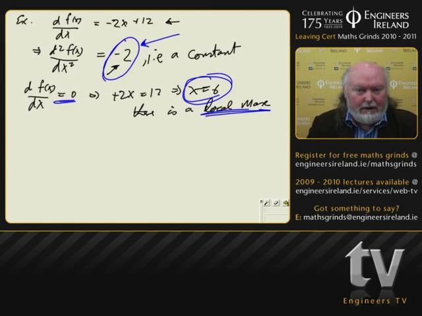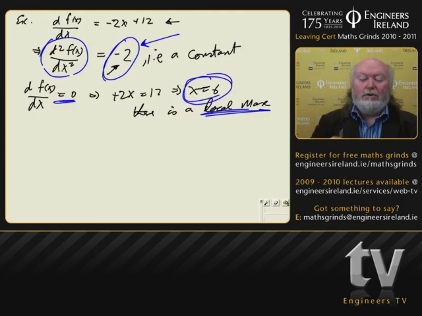If d2 dx squared of the function gave you a 0, you know this method won't function, and you go back to the other method, which is just get the ddx of the function.